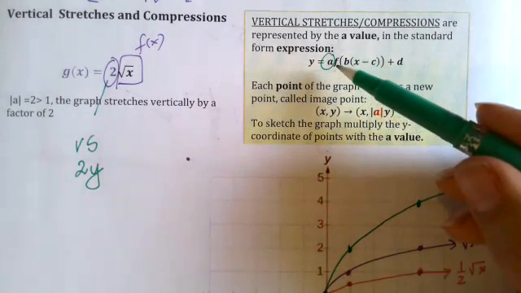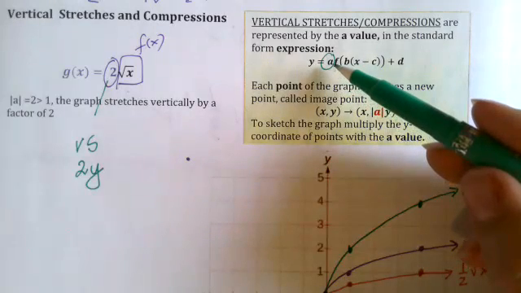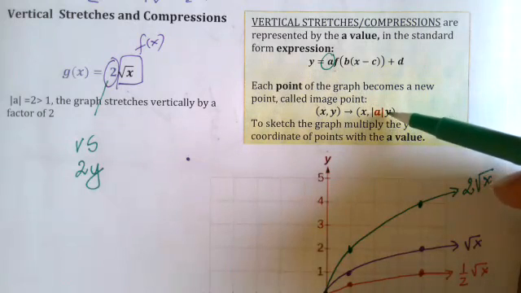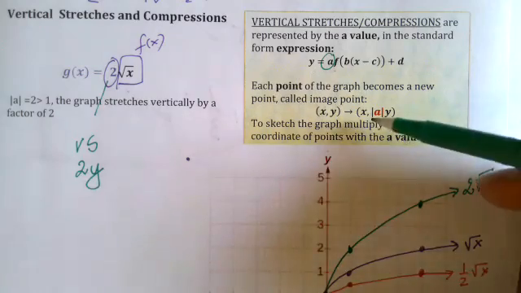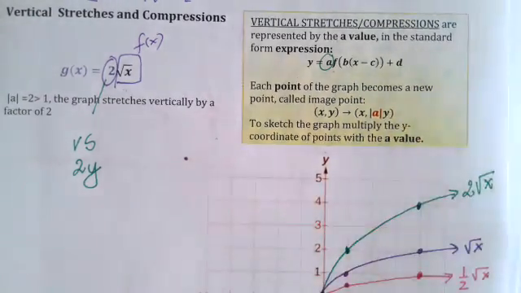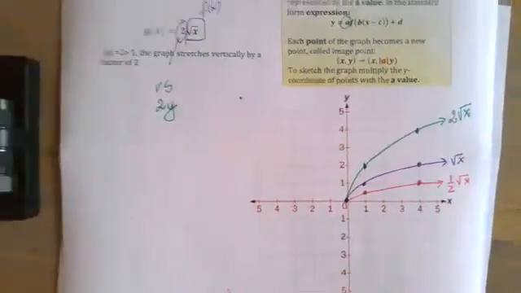So if it's different than 1 except negatives, that's going to give you either a vertical stretch or a compression. But the method is going to be the same, including for points. You just take that number and you times it by y, keeping all the x coordinates the same. Any questions for vertical stretches and compressions?